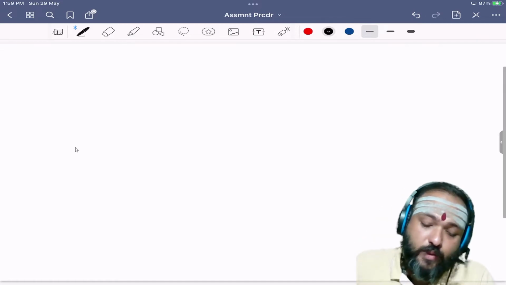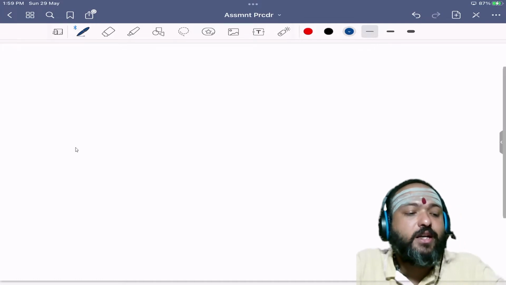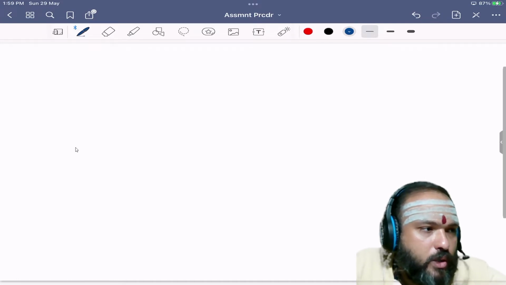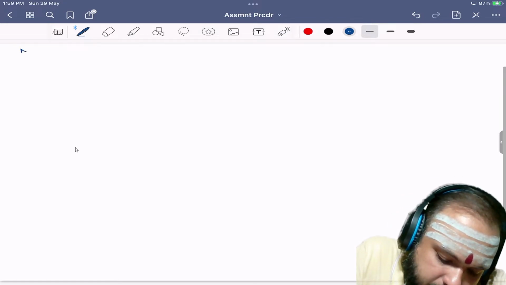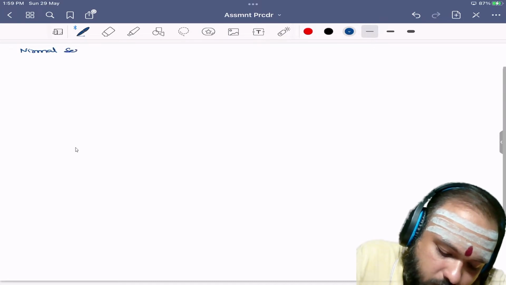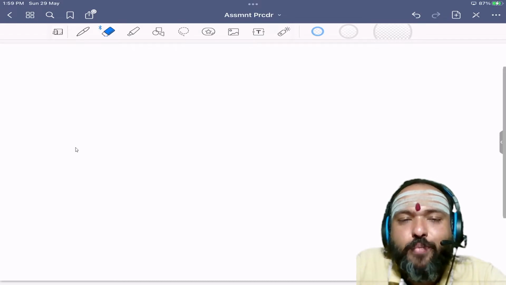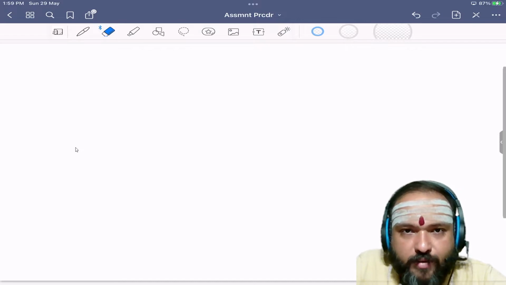Let us go to the next one. The next provision: there are certain other cases where the return of income has to be mandatorily filed. Nirmala Sitharaman, the Finance Minister, had brought in certain additions to the cases that are mandatorily required to file the return of income.